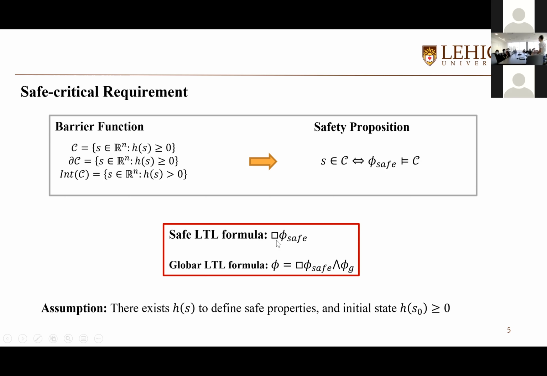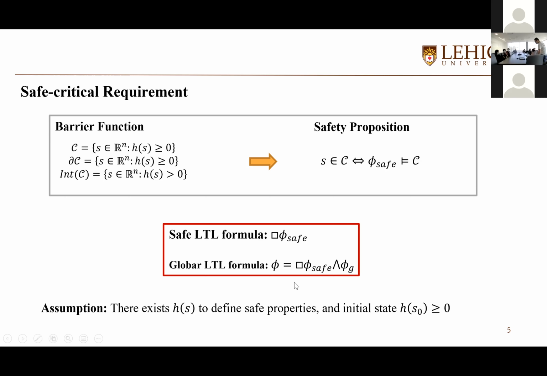Oh, yeah, box represents the always operator, meaning always be safe. Okay, and then the next row? The next one is a conjunction, meaning at the same time we need to satisfy another formula. So we say always safe and whatever the other formula is. Yes, right. So this is a general formula to express different other tasks.